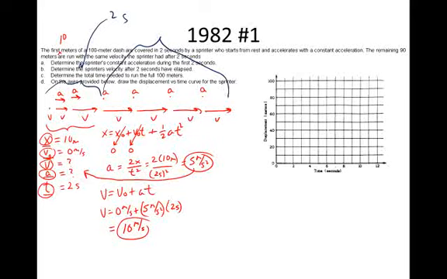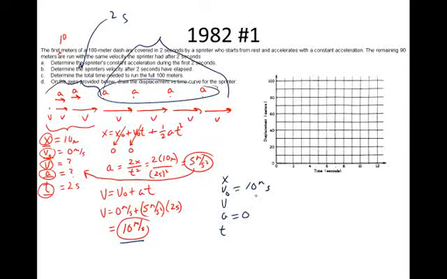The remaining 90 meters. Well, once again, we could go to our strategy of X, V initial, V, A, and T. We know that the acceleration for that part is 0 based off our motion map. No acceleration. We know the initial velocity there, because we figured that out in this part, is going to be 10 meters per second.